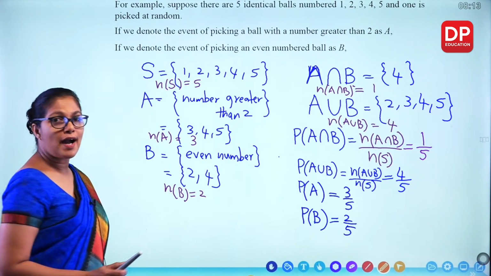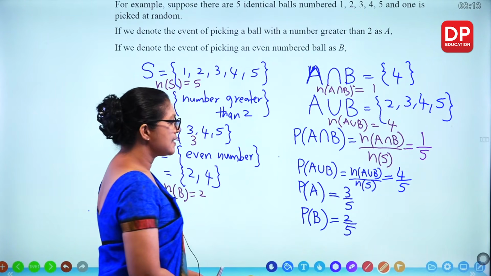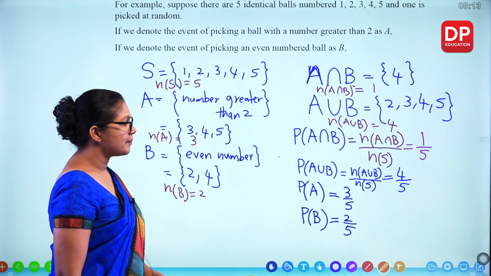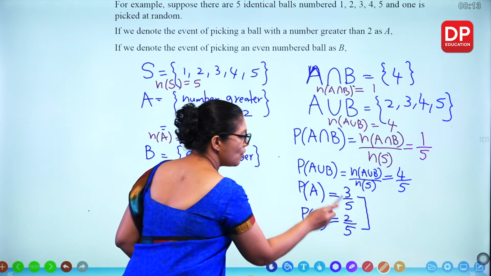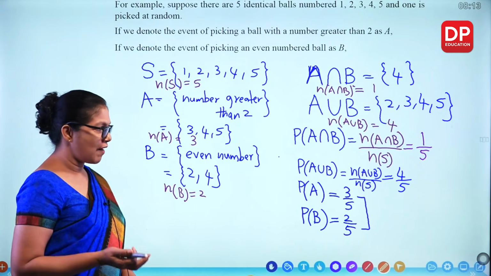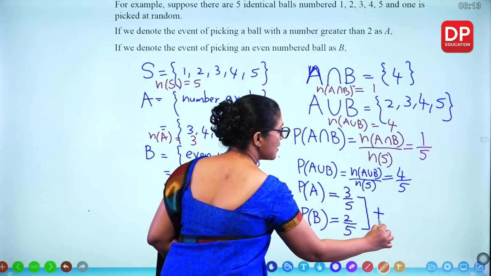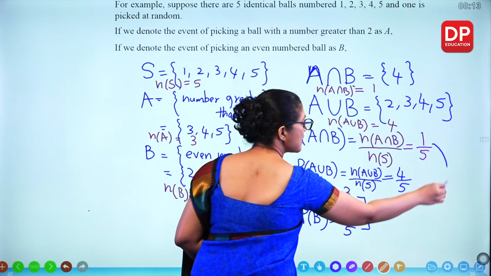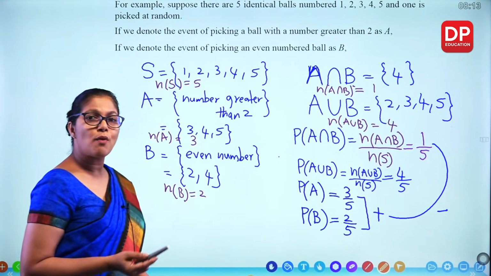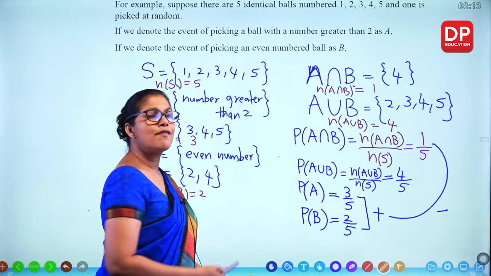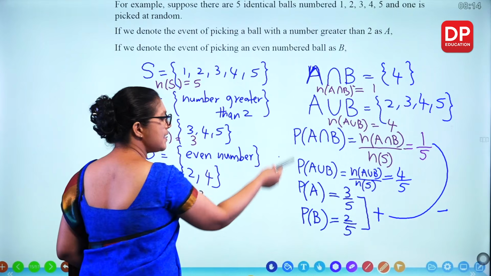Now we need to find the connection between these 4 probabilities. What can we find out? Can you see that when you add these two, 3 plus 2, you get 5 over 5. And when you subtract this one from that, 5 over 5 minus 1 over 5, you get 4 over 5. So we see a connection between all these probabilities.